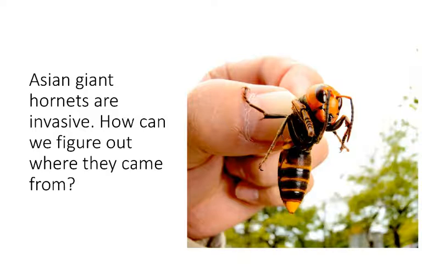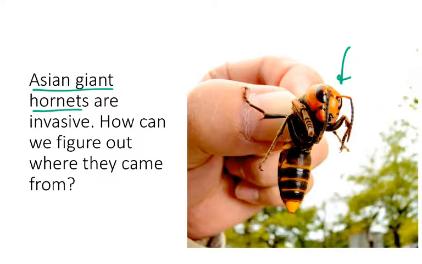That's their popularized name, but really they're Asian giant hornets. They're invasive. They found a few of them in Canada and Washington. They're pictured right here. They're these really large hornets, hence the name giant hornets, and they're from Asia.